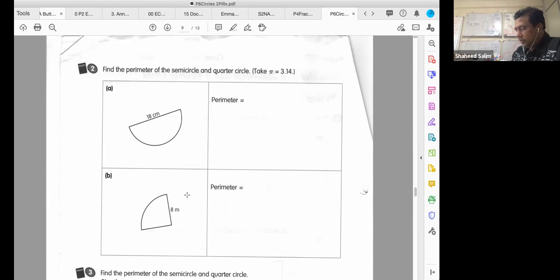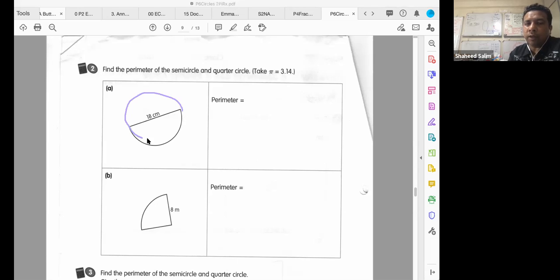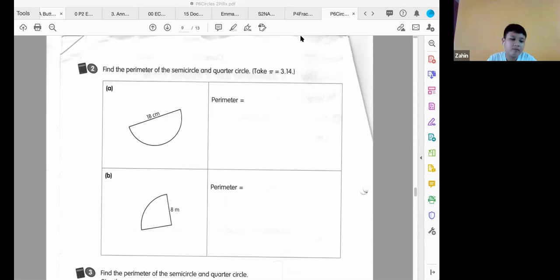You forgot to do something. You found the circumference. And then you take the circumference and plus 18. Cannot. Down here, you don't need all this part. You only need down here. What must you do to the circumference? Divide by 2.